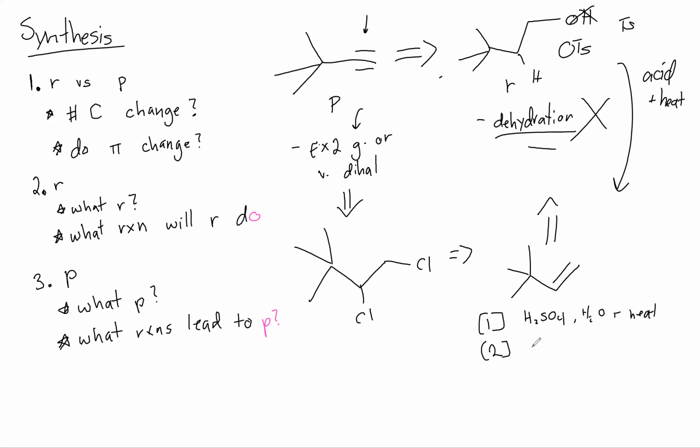Followed by Cl2, followed by elimination twice, which would essentially be, well, let's just use, I'm trying to think of one off the top of my head, tert-butoxide. So we'll use this to do elimination, and then we end up with our final product. Okay?